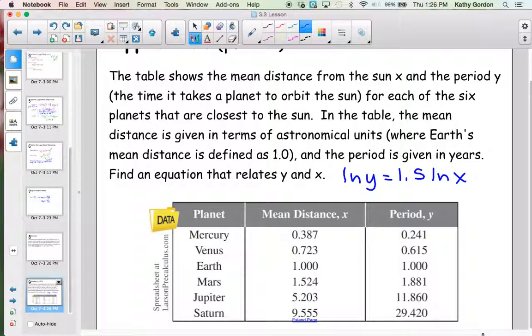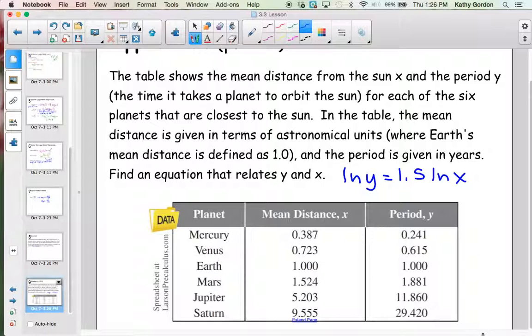Now, if you look in the book, that's as far as they went. They said, there's your equation, that's how x and y are related. Bingo. But I looked at this when I was going through it and went, wait a second. We could take this a step further. How could I take this a step further that might clean it up a little bit?